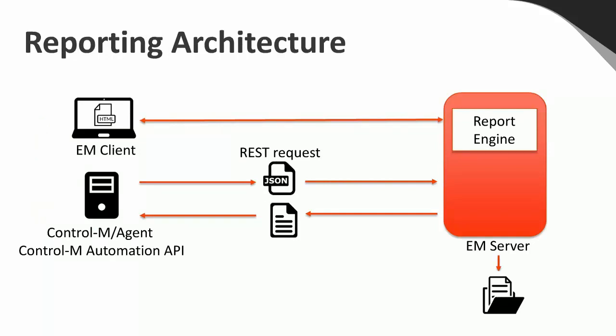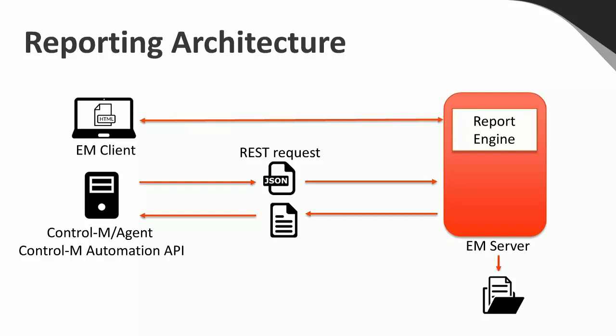You can use Control-M Reports on the EM client to create the report, save it, and then send the request to generate it to the reporting engine. The reporting engine will generate the report and send it back to the EM client.